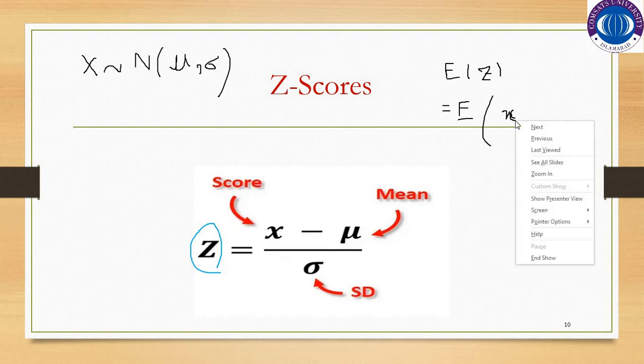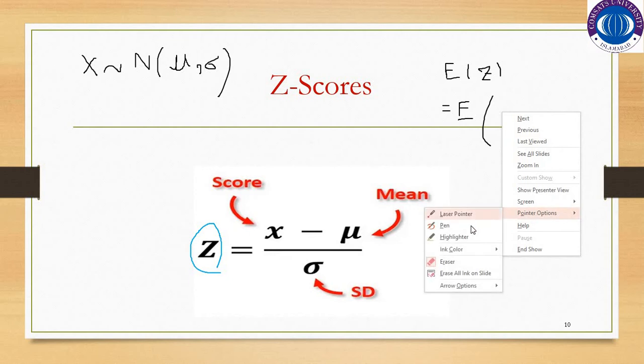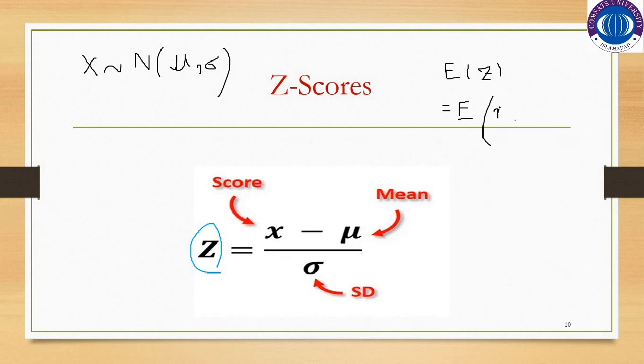No, this is not a good one. Let me erase this. Right, fine. Now this is x minus mu over sigma. As expectation is applied to the variable, it would be expected value of x, as mu and sigma are constant, minus mu, divided by sigma.